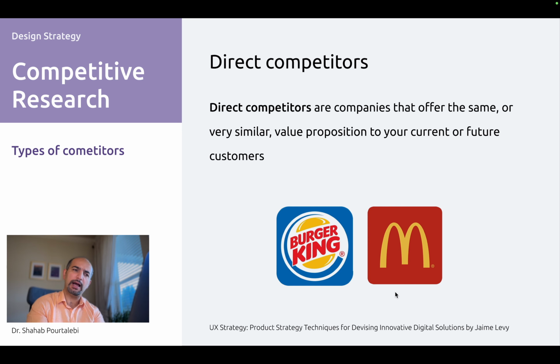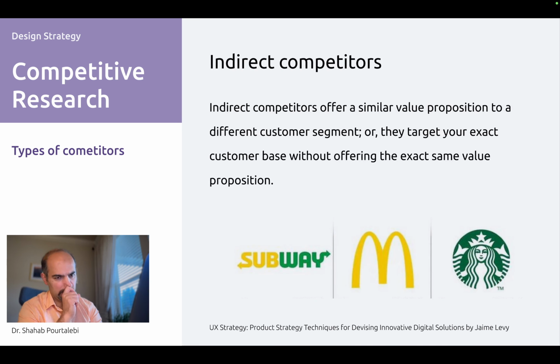But we also have indirect competitors. So what makes them indirect competitors? We know that they are competitors anyway, but their solution would be different, like their value proposition is different. Or maybe their value proposition is not that different, but their targeted user segment would be different.